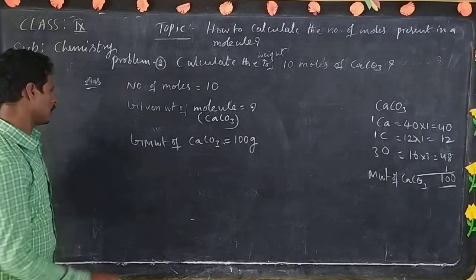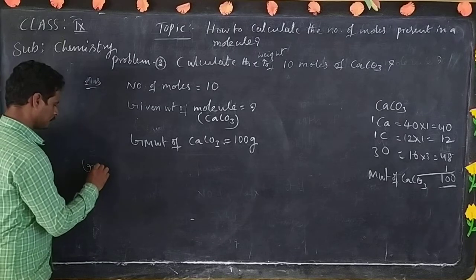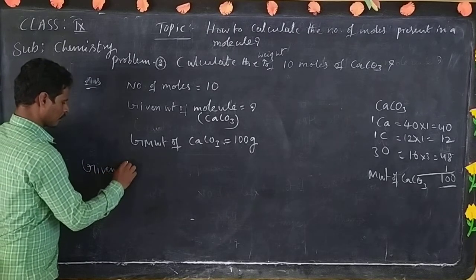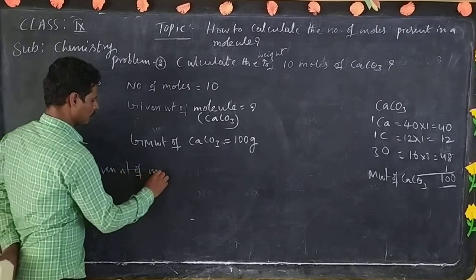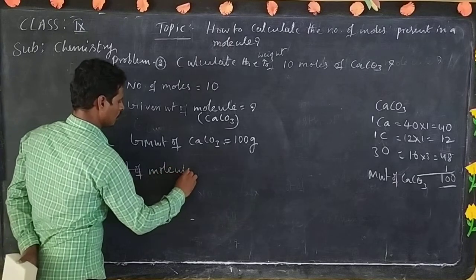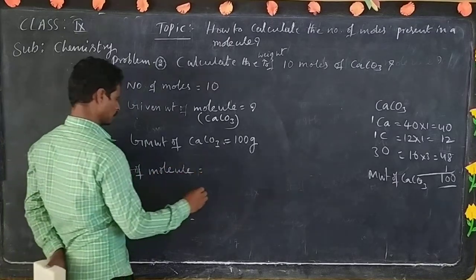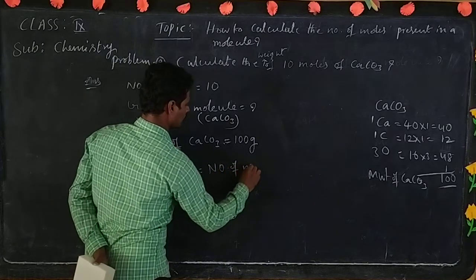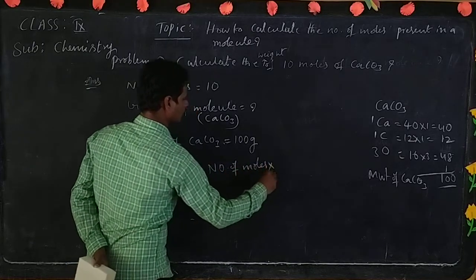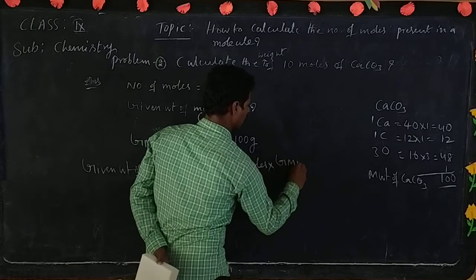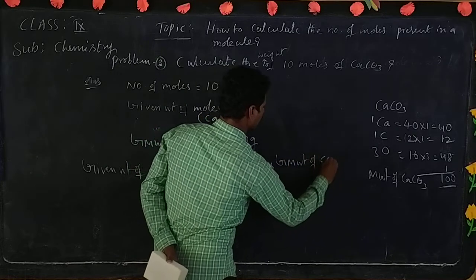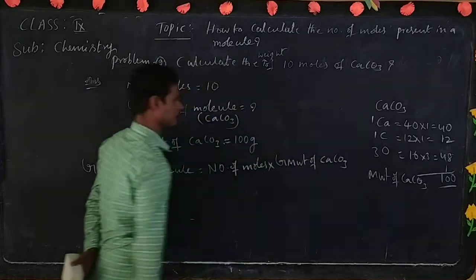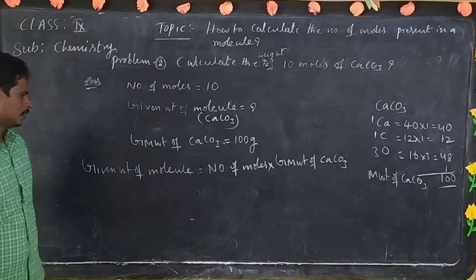Now what is the formula? Given weight of molecule equal to number of moles into gram molecular weight of calcium carbonate. This is the formula.